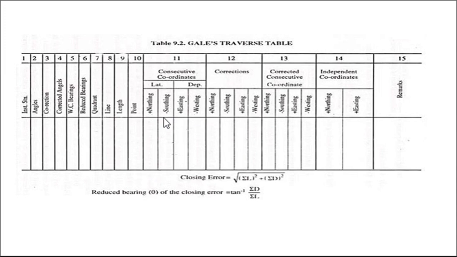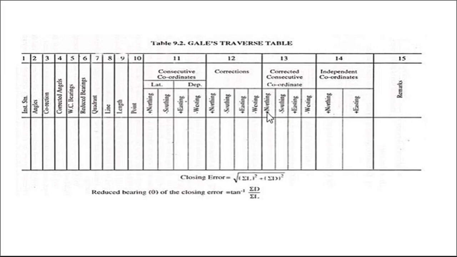If it is not, then we have to find out the corrections, and those corrections are calculated by the compass rule or say transit rule. So corrections are written over here after calculating them by the transit rule, and then by applying these corrections to these consecutive coordinates, we have to find out corrected consecutive coordinates here: northing, southing, easting and westing.